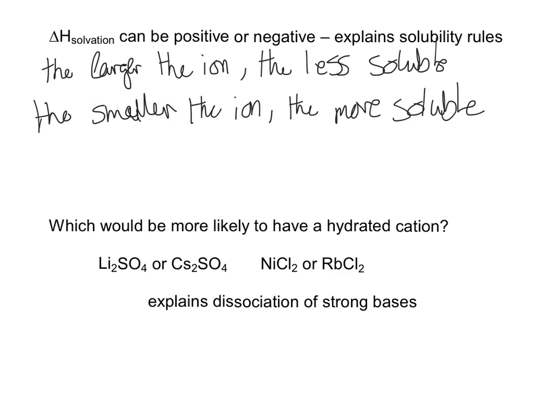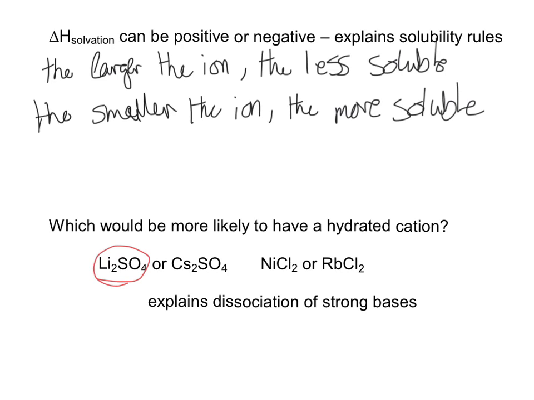So let's take a look at some substances, and we want to know which one is more likely to have a hydrated cation. So which of these would be most favorable to be hydrated? Lithium sulfate or cesium sulfate. The one that you should pick would be lithium sulfate.